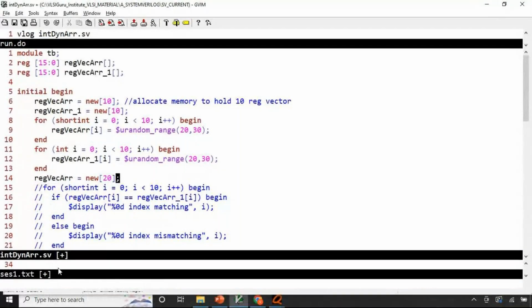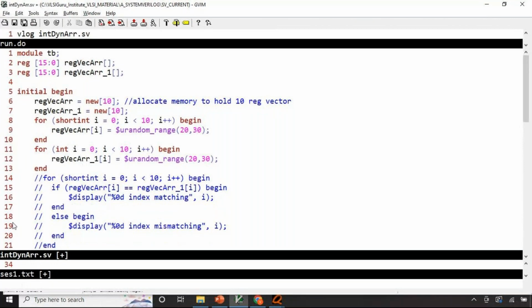Now how many chairs were there? 10. Now you made how many chairs? 20 chairs. That is what makes it a dynamic array. Otherwise you may be thinking you are unnecessarily complicating it. You could have directly declared 9 out of 10. The benefit comes where you can resize it. Sometime later, you can resize it.